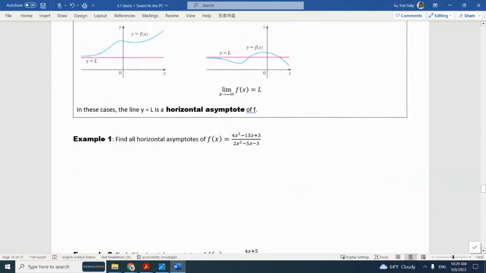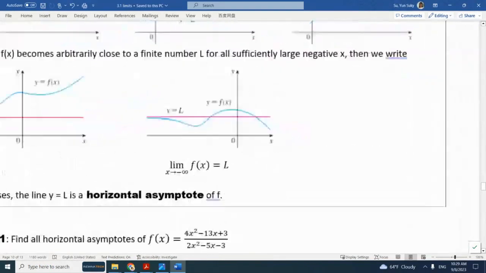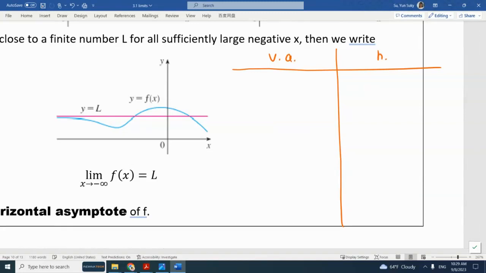Alright, so before we do examples, I want to make a comparison with you. Let's use some space here. So here, vertical asymptotes and horizontal asymptotes. Let's talk about the number of vertical asymptotes.